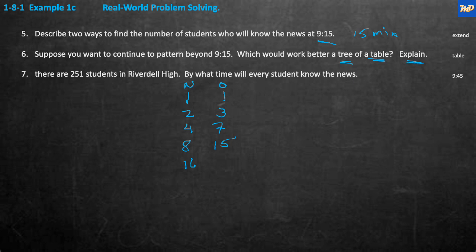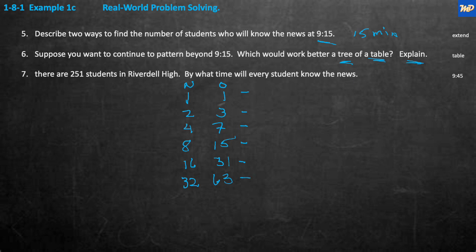15 and 16 is 31. And then 32 is 63. After that, what is this? This is 8, 8:15, 8:30, 8:45, 9, 9:15.